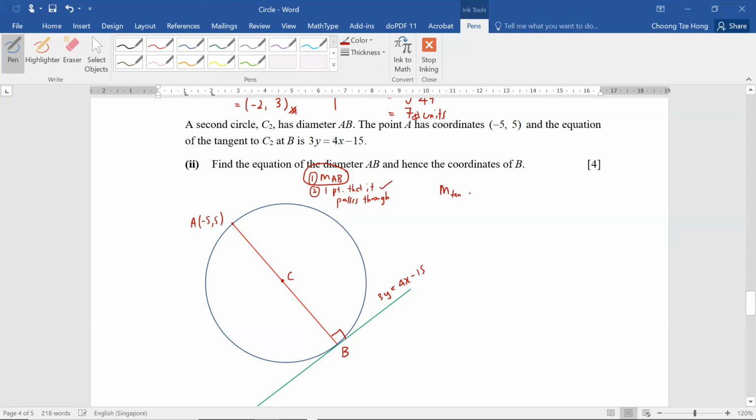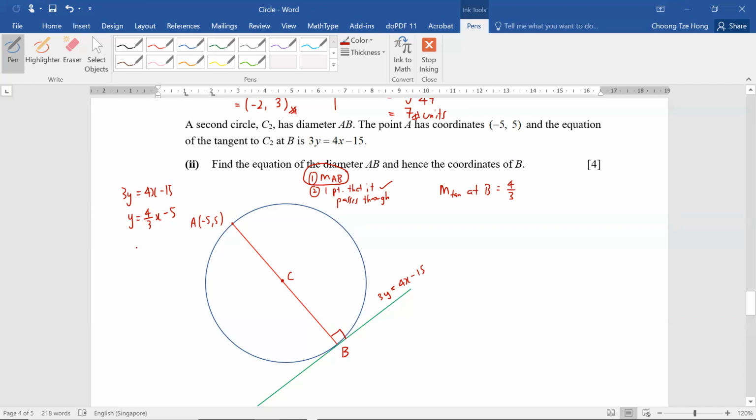Let's call this the gradient of tangent. The gradient of tangent at B will be 4/3, right? How do we obtain 4/3? Basically you just make y the subject. So 3y equals 4x minus 15, so make y the subject.